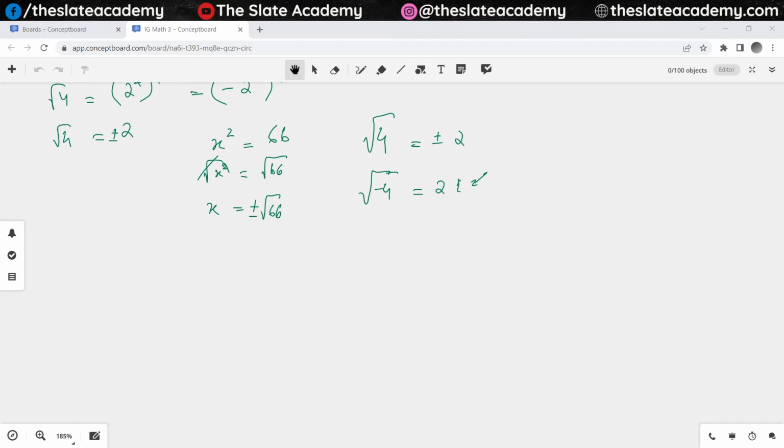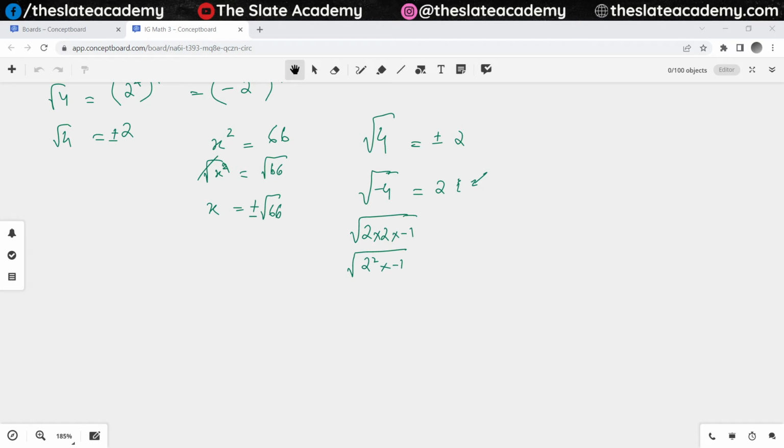So if I have root of negative 4, it is the same as saying that I've got under root 2 into 2 into minus 1. Can I write that instead of root of negative 4? Why not? I just factorized minus 4. The next thing is I can write this as 2 squared into minus 1.